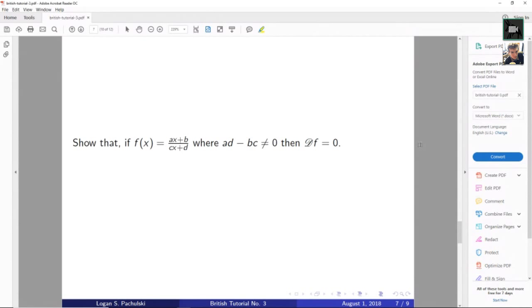May I quickly comment mid teaching lesson, a question for Christian: is this choice of ad minus bc does not equal 0 intentionally almost identical to our matrices sessions? Yes, absolutely. The Schwarzian is very closely related to a certain action of 2x2 matrices.